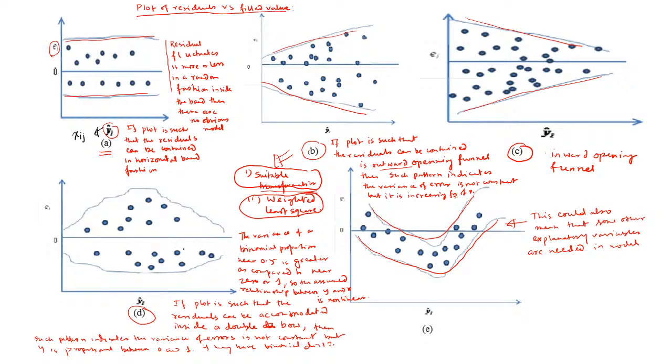If your residual versus explanatory variable plot looks like D, then your variance is not constant, and in that case you need to use a suitable transformation.